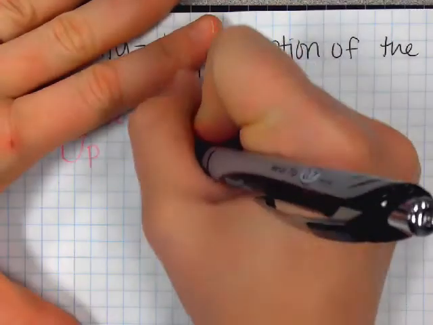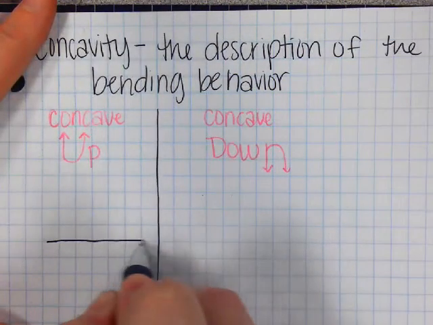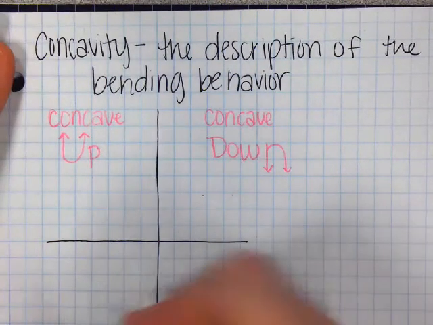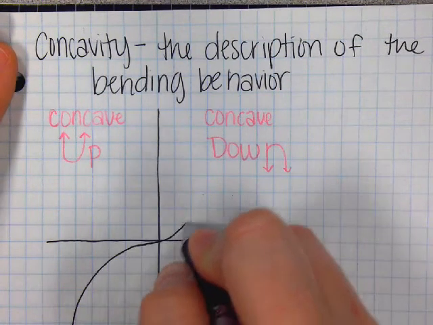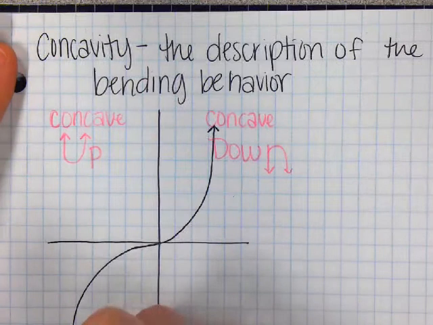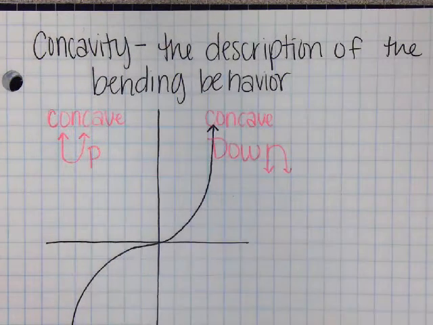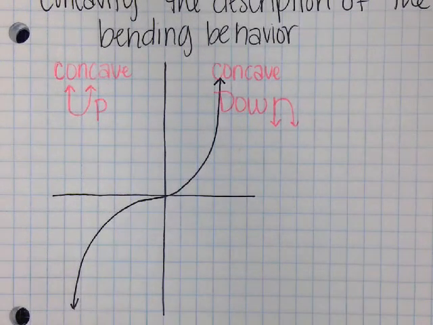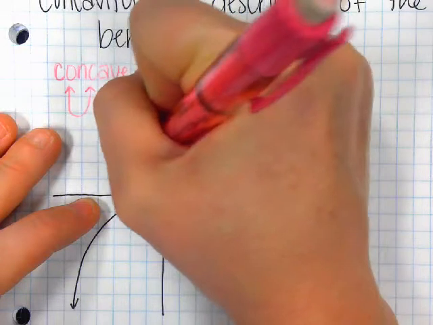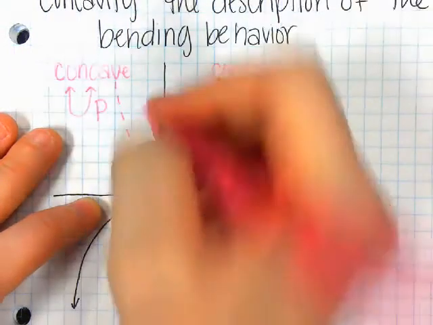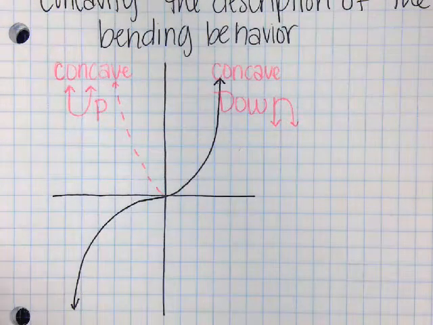Okay, so I'm going to draw an example. Now, this one actually has both. That's why I picked this one. If you look, this part right here up here is concave up.